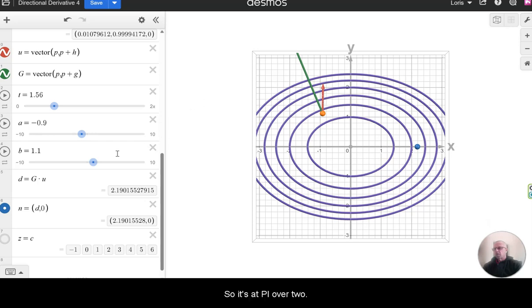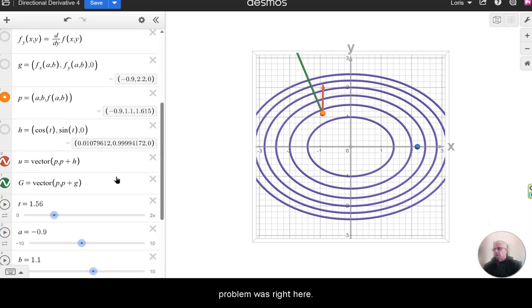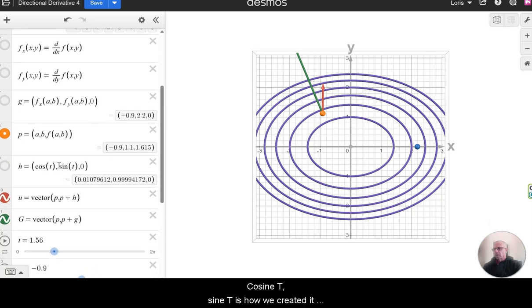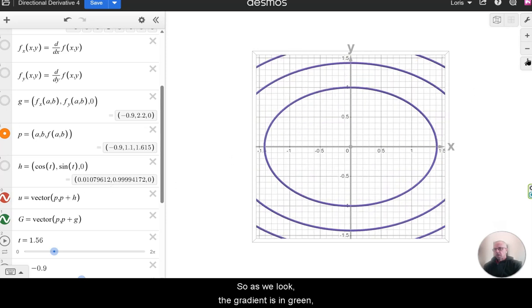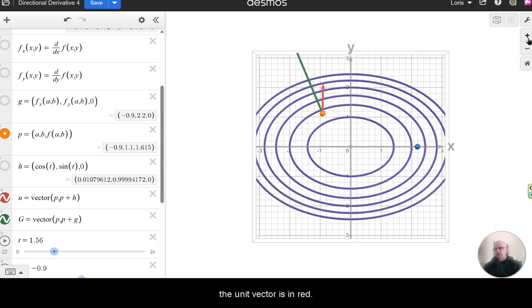So it's at pi over 2. Remember, our unit vector for this problem was cosine t, sine t, which is how we created it, along with this u vector right here. The gradient is in green, the unit vector is in red.